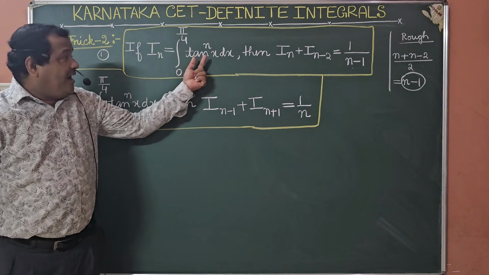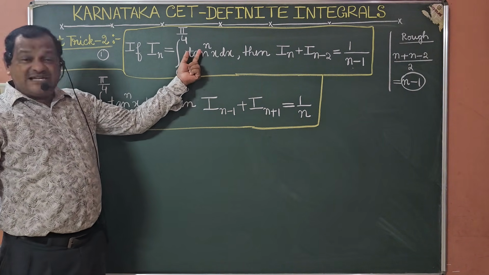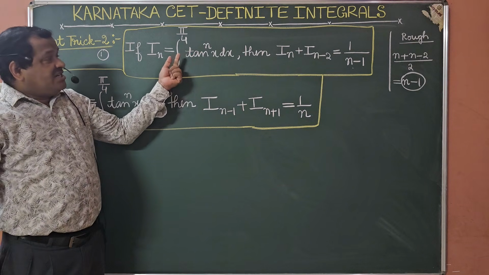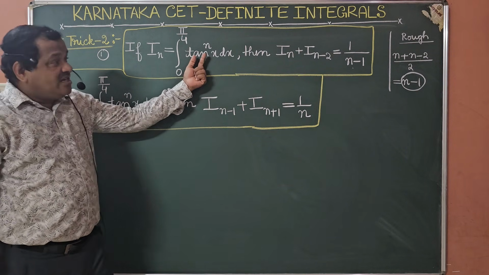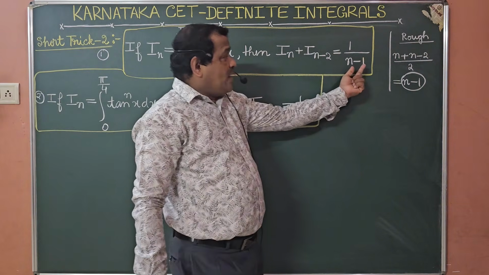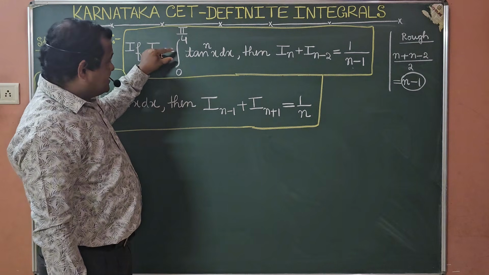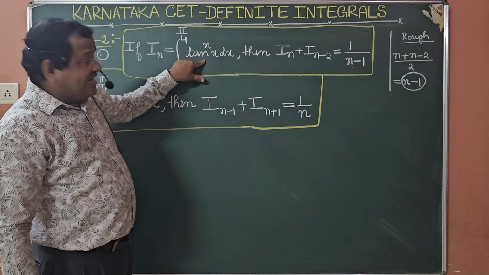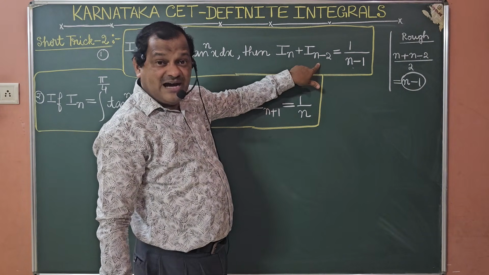Now you may have a doubt about how it is possible that for integration from 0 to pi by 4 of tan power nx dx, I suffix n plus I suffix n minus 2 is just 1 by n minus 1. See, without these limits, just the integral of tan power nx dx, find I suffix n plus I suffix n minus 2.